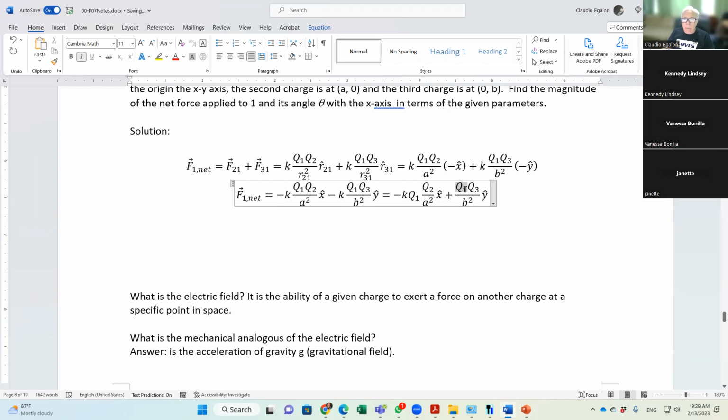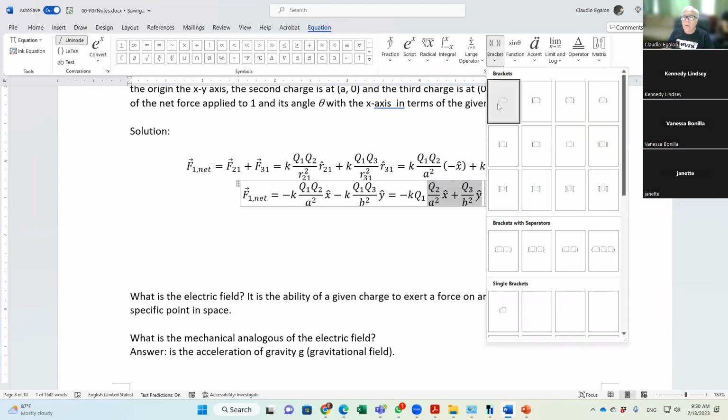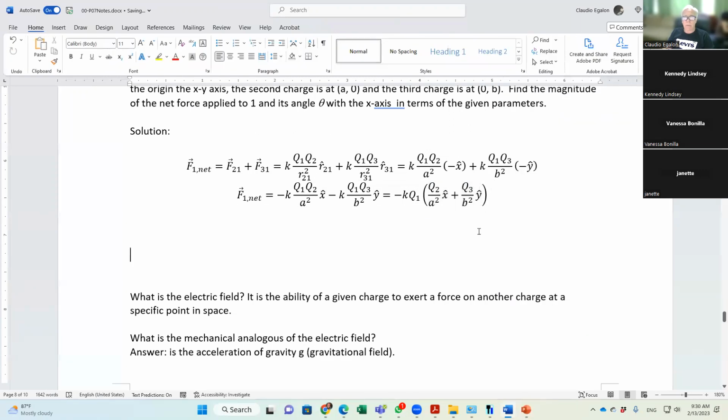But now we do not have the same unit vector direction, so the unit vector must remain within the parentheses. And then we can do that little trick of ours again.